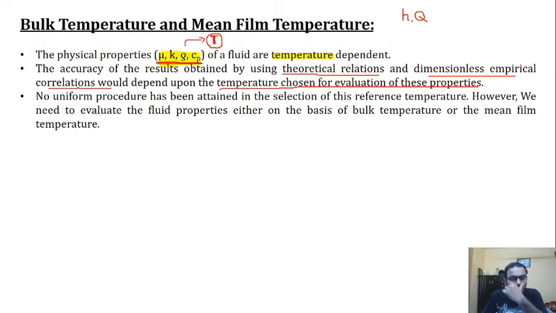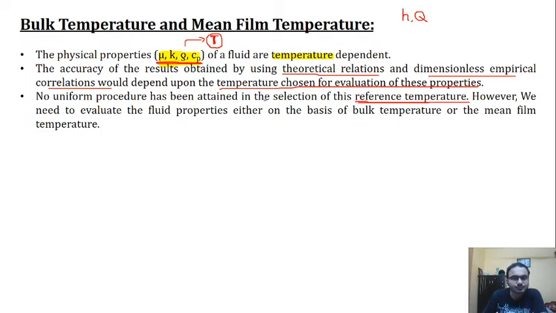So there is no uniform or standard procedure that has been attained in selection of this reference temperature. So this is a very vital thing in heat transfer analysis, specifically for convection.